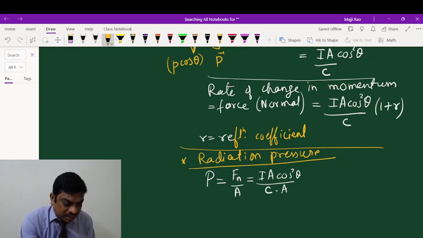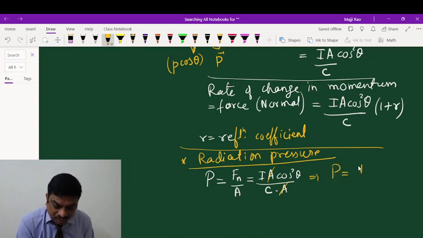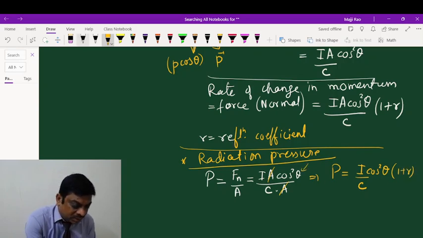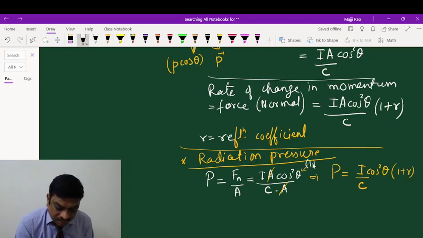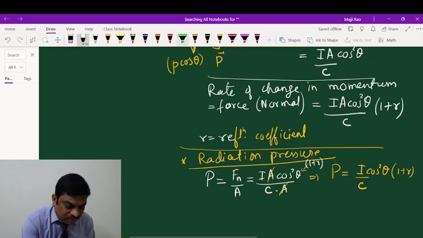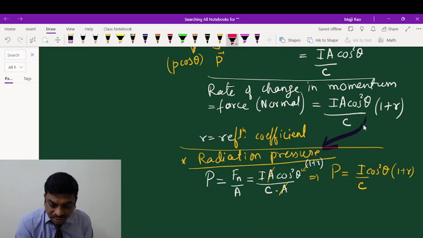So a gets cancelled here, and finally we are left with this. So the general formula for radiation pressure is I upon c into cos square theta into 1 plus r. Here I missed 1 plus r, sorry students. I have to take into account 1 plus r. This is the formula I have used.